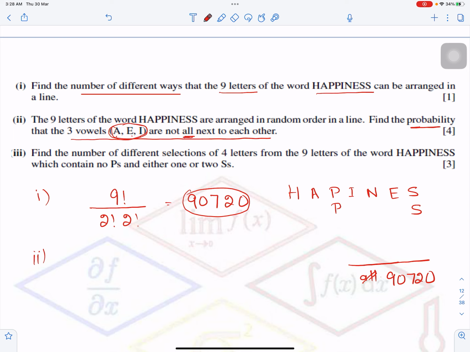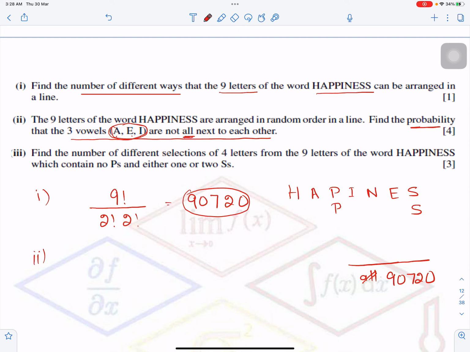So let's see when they are all together. 1, 2, let me change the color here. 1, 2, 3, 4, 5, 6, 7, 8, 9. So let me put them together somewhere. It could be anywhere, so I'm just putting it here.